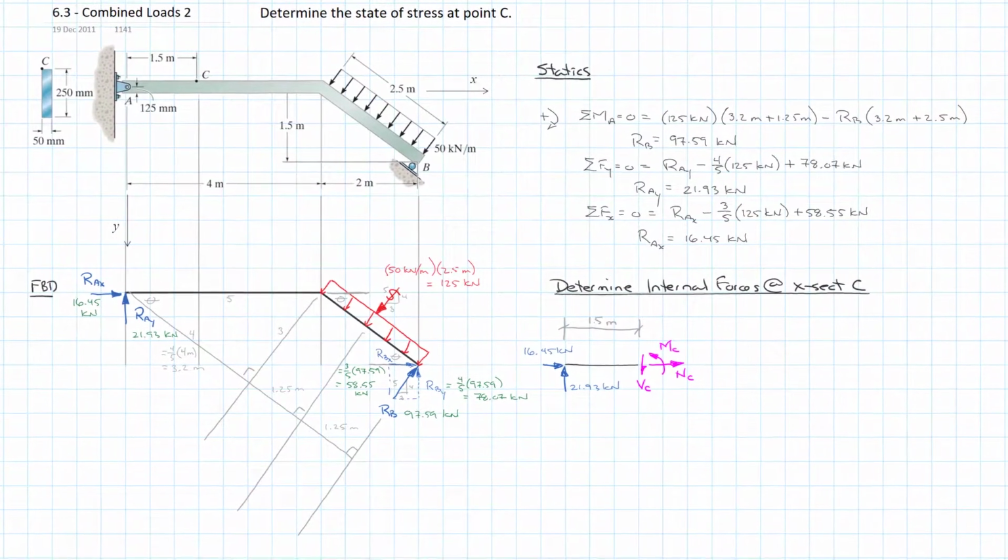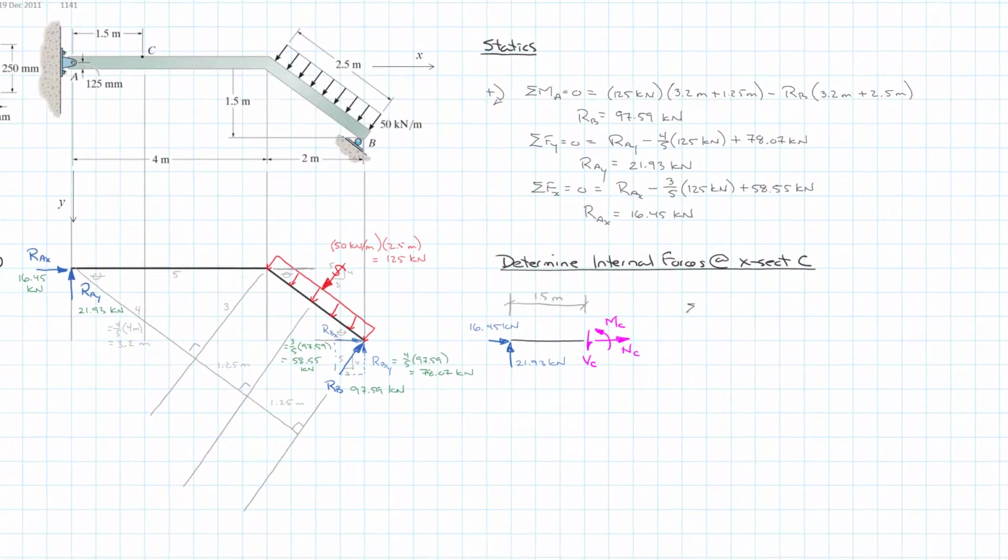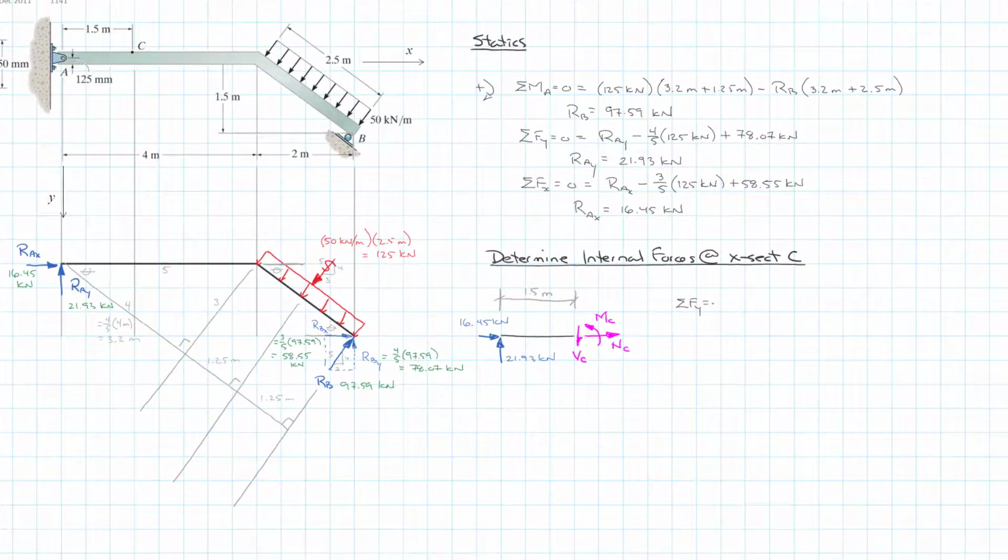So now we're isolated on this partial free body diagram. I can do the sum of the forces in the y direction equal to 0. And we see that's 21.93 kilonewtons minus V sub C, so V sub C is equal to 21.93 kilonewtons.